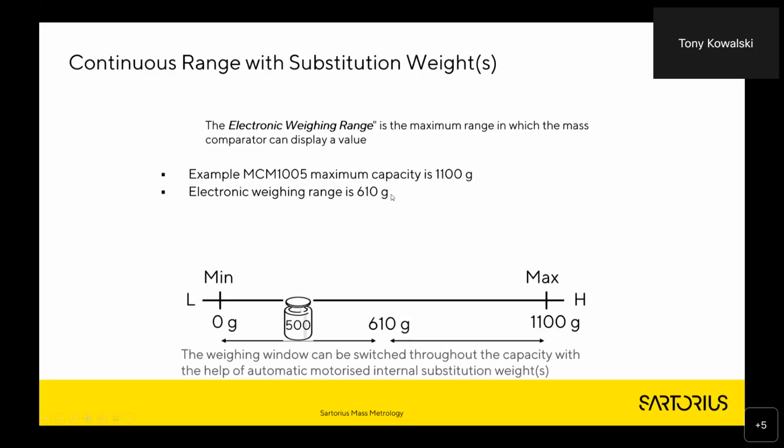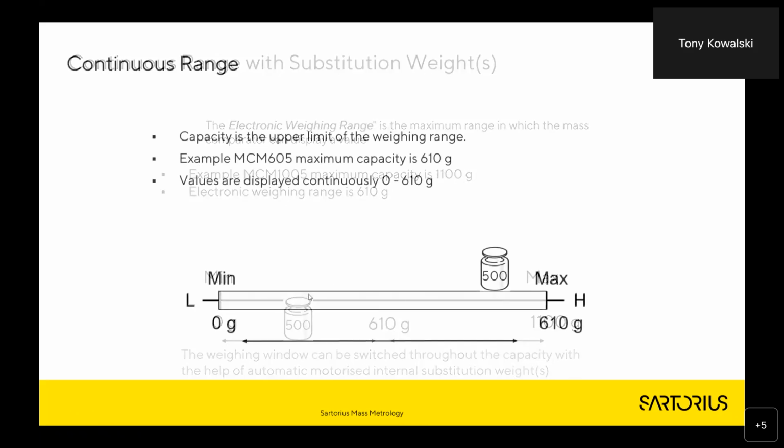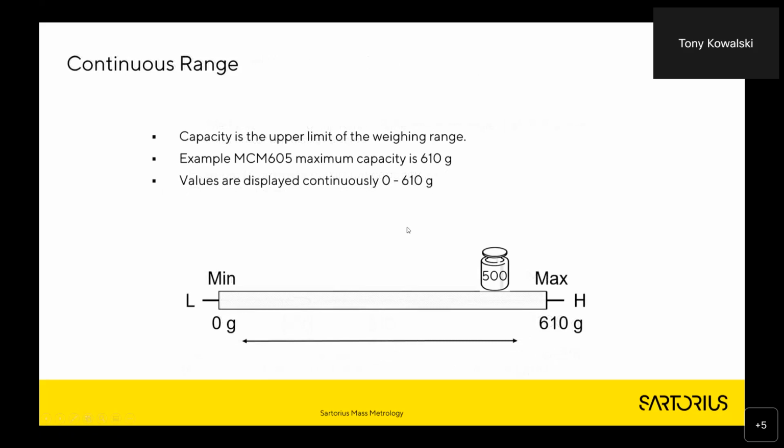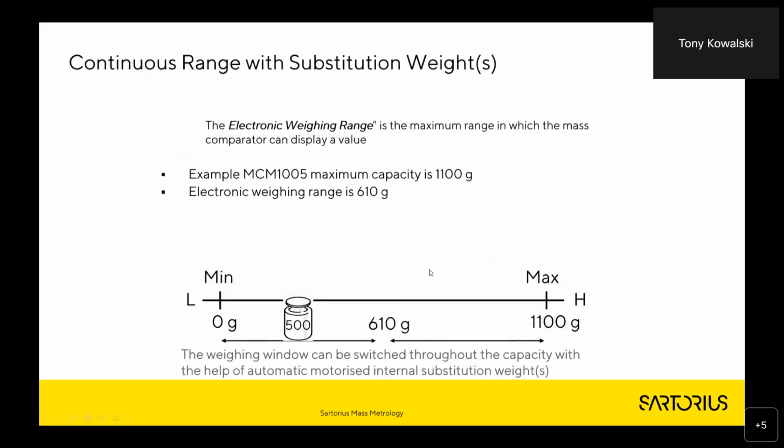So it has the same electronic range as the previous mass comparator, 610 gram. However, when you switch on the mass comparator, there is actually a 500 gram substitution weight inside of the instrument sitting on the weighing system.